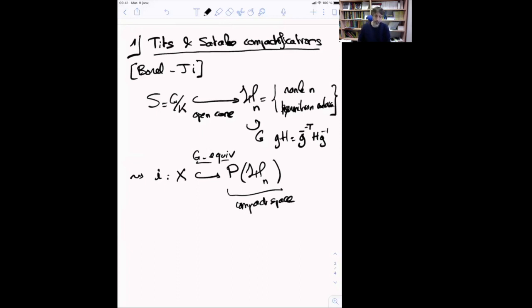And this embedding is G-equivariant. And so if you want to consider some compactification, you can consider the closure. I will put an S because it's the Satake compactification, and to be more precise, it's the minimal Satake compactification.